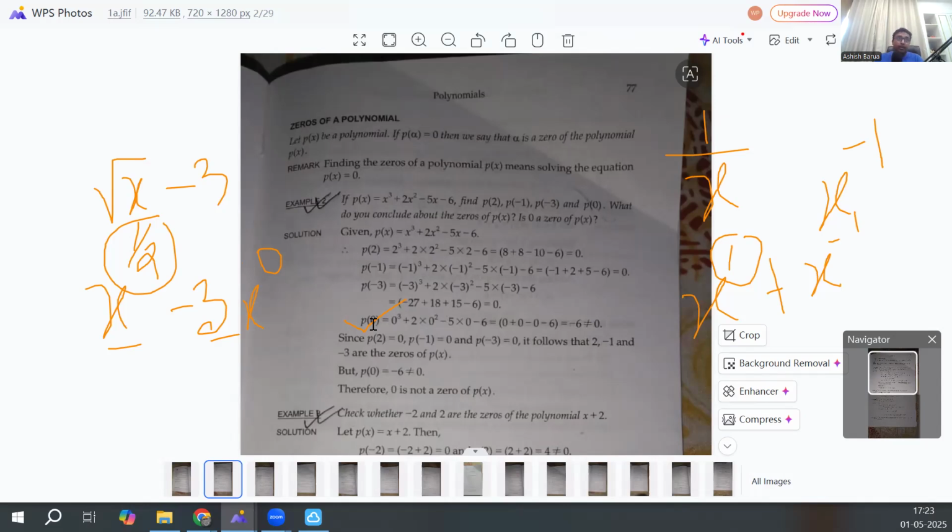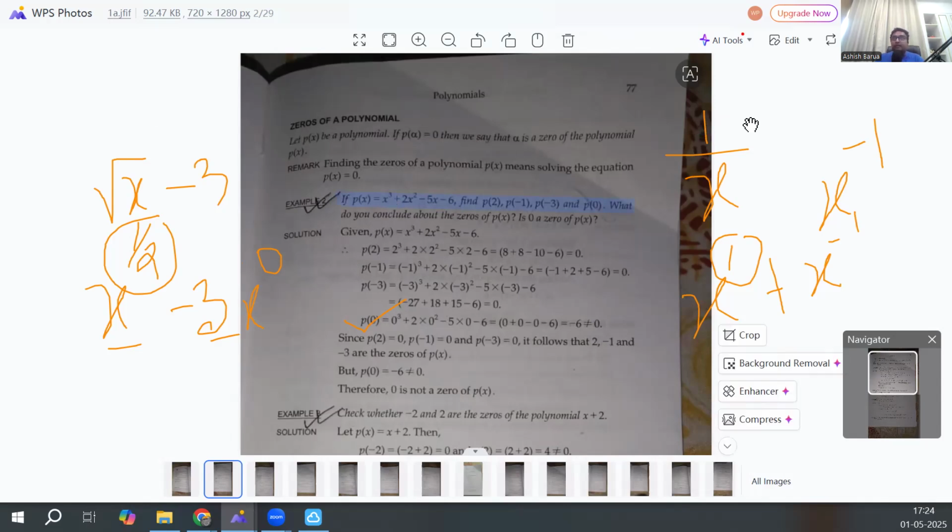Now, if any value of x, here the variable is x, in some cases the variable may be y, and so on, the values of x which make the value of the polynomial 0, that particular value will be called the zero of the polynomial.